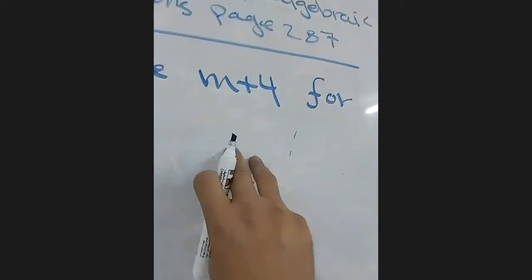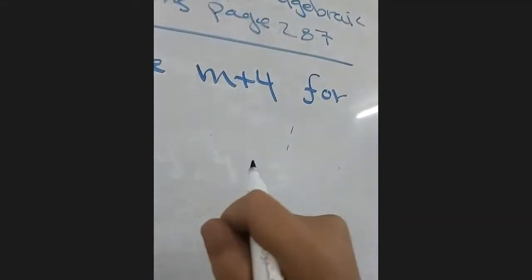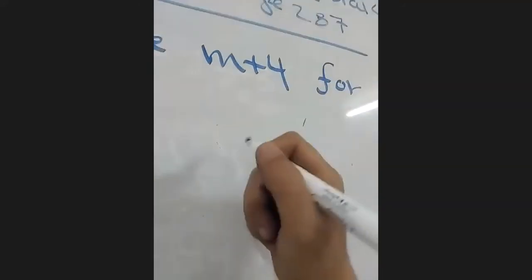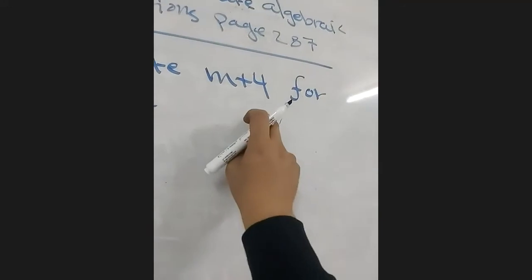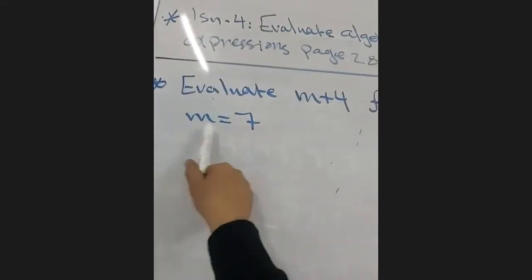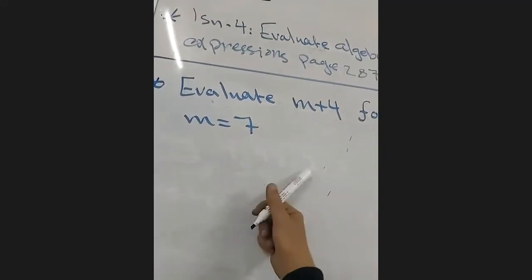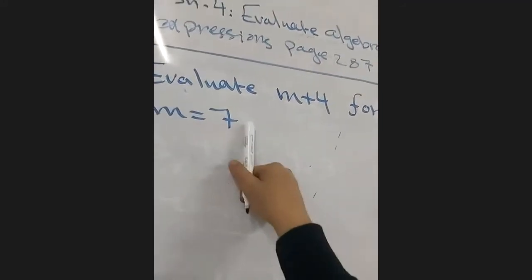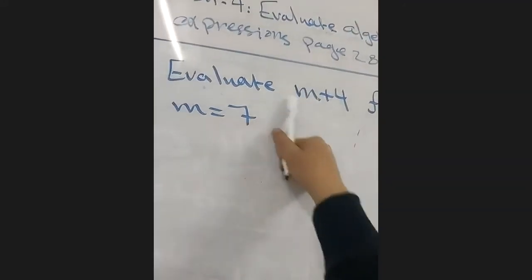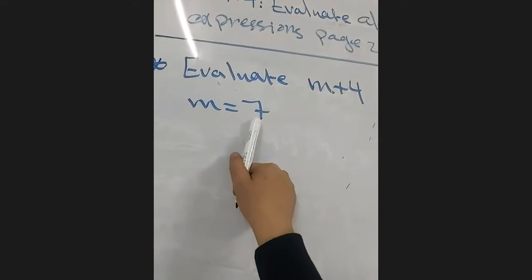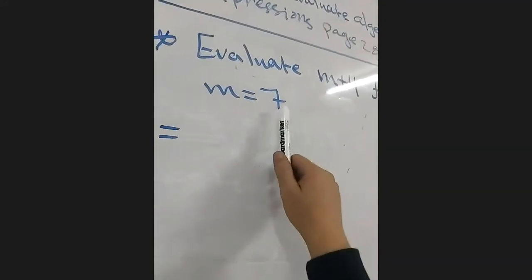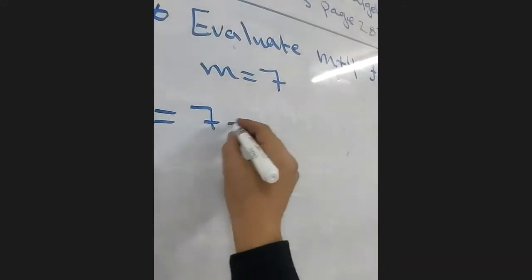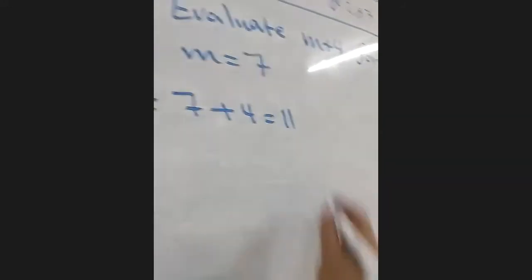But in this lesson, the question will give you the value of the variable. Now look here, evaluate m plus 4 for m equals 7. So to evaluate, I will go to the expression here, replace m with the value of it, which is 7. 7 plus 4, which is 11.